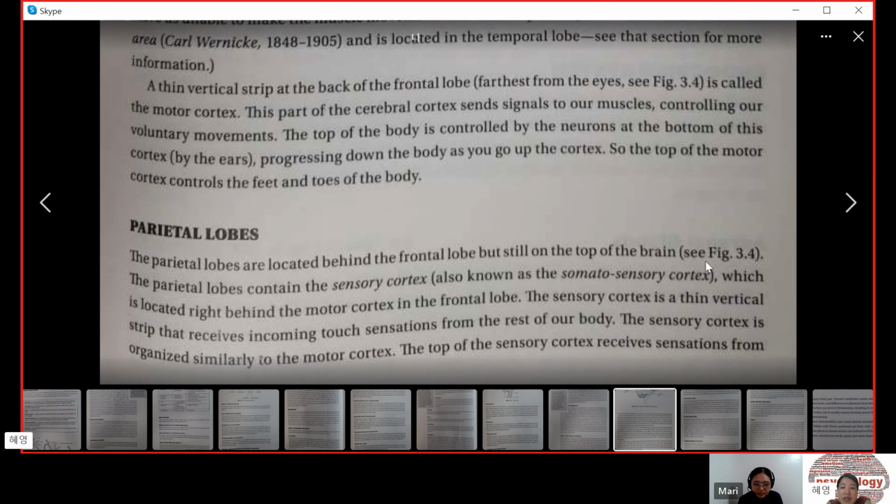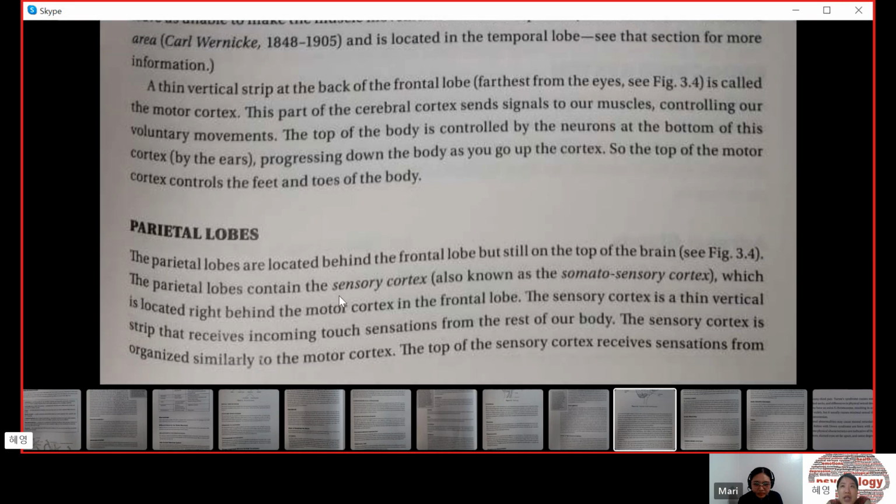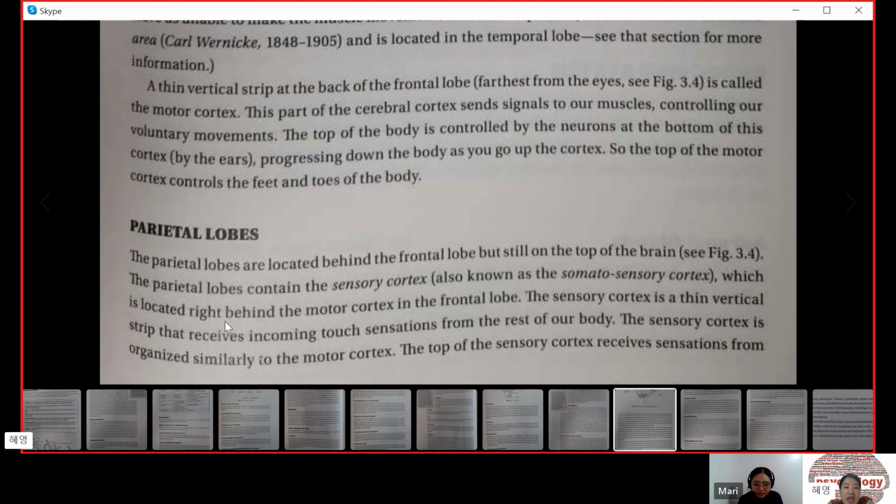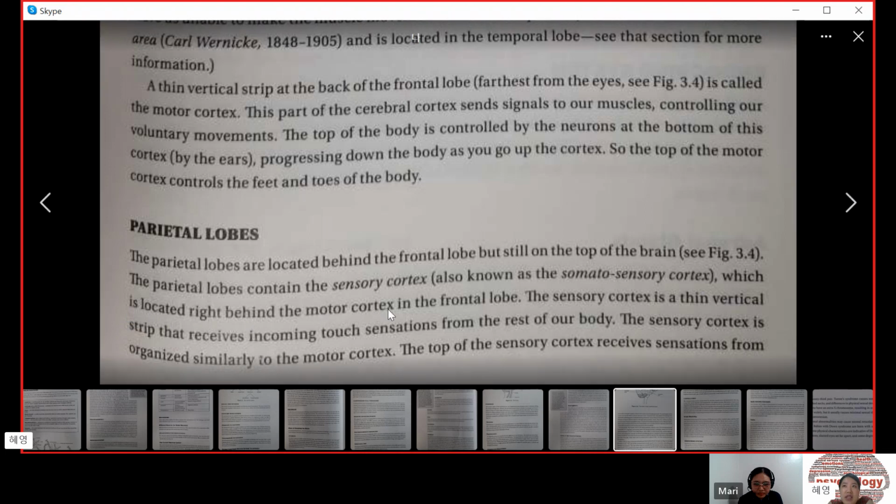Maybe you can see the picture, this one. Parietal lobes contain the sensory cortex, also known as the somatosensory cortex, which is located right behind the motor cortex in the frontal lobe.